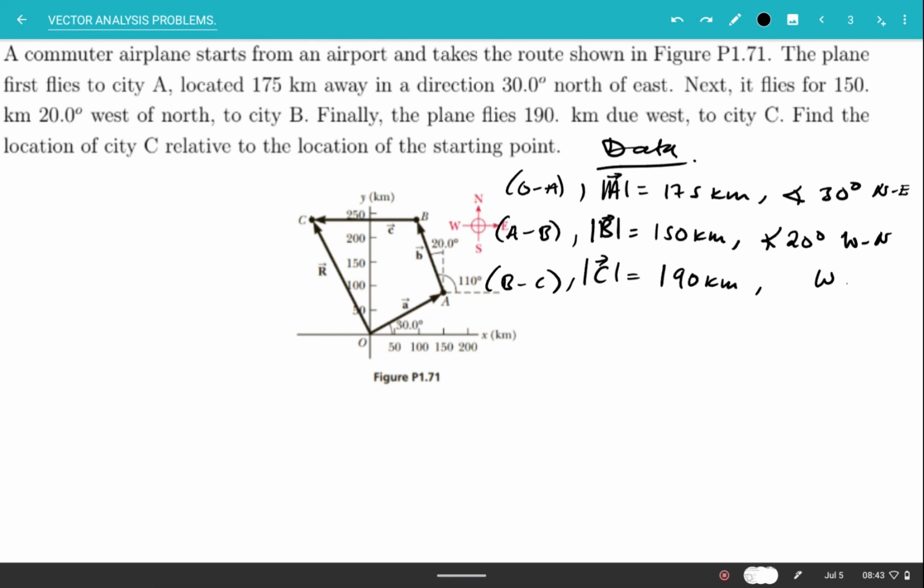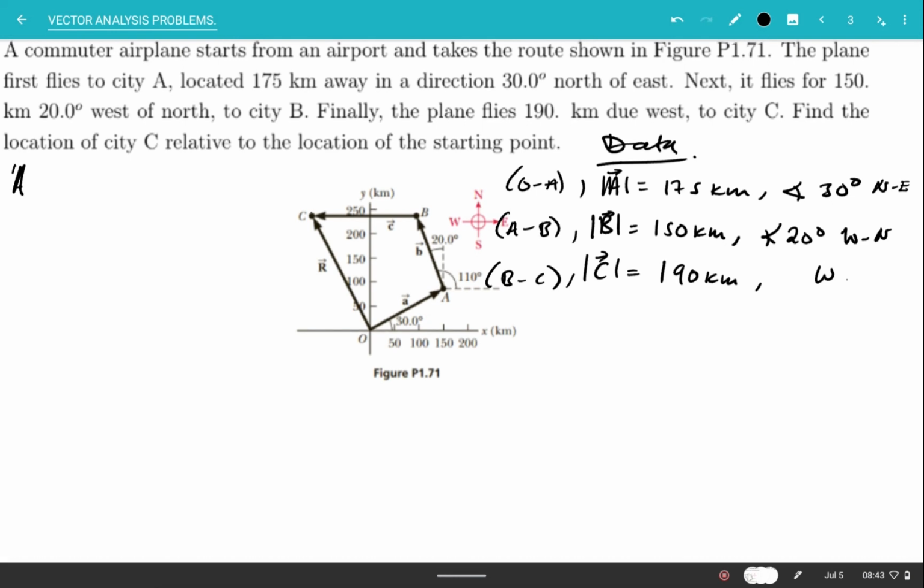So let's begin. I'll start with vector A. Vector A is here. I'll go in the positive x and the positive y. The magnitude of A is 175.